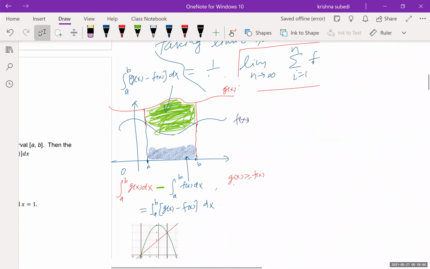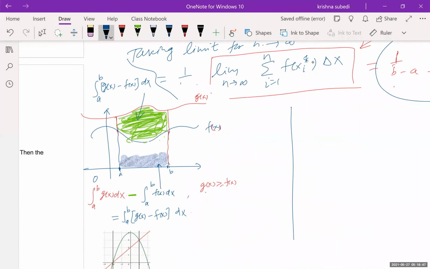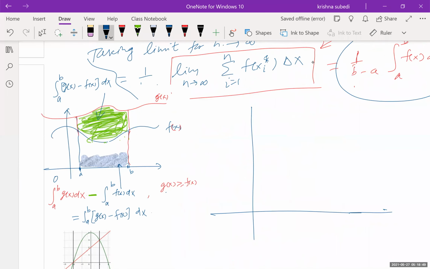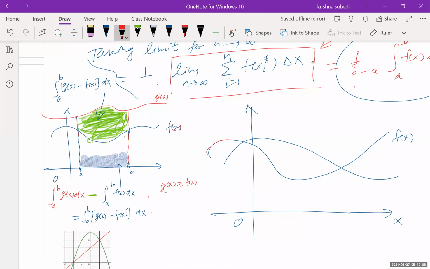Now, sometimes what happens is that, let's look at another simple example. Let's say I have a function here, which is my f of x, and I have another function here. This is g of x. Anyway, the red one is f of x, and the blue one is g of x, let's say.